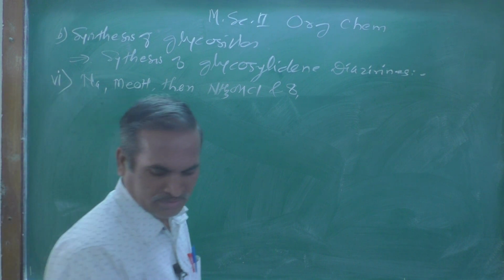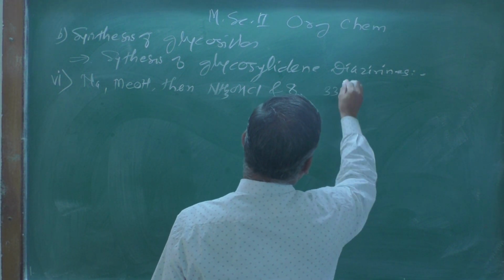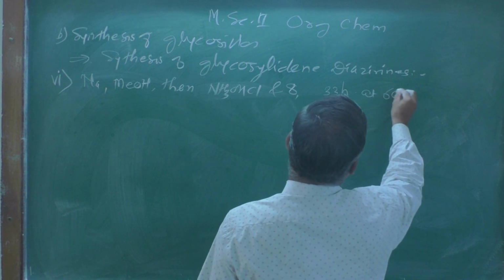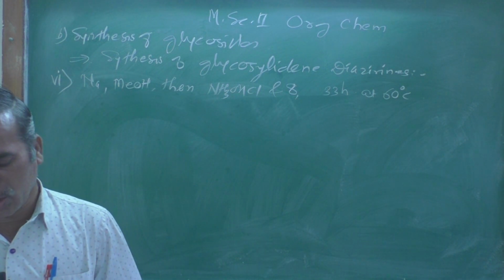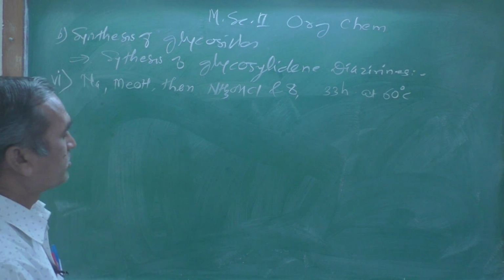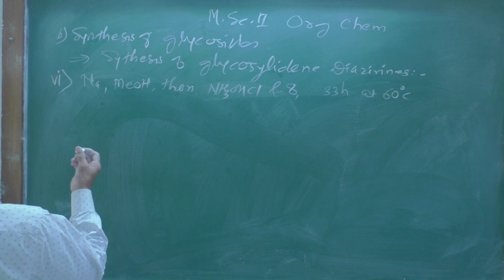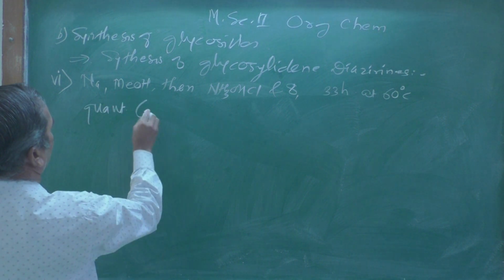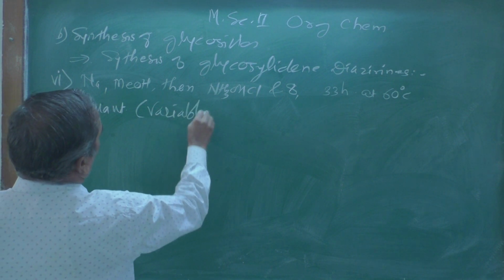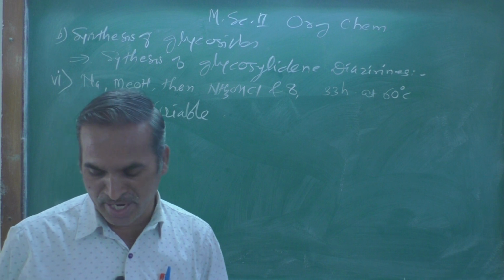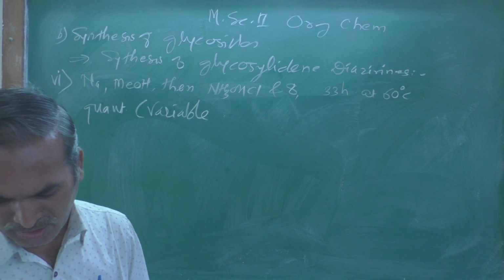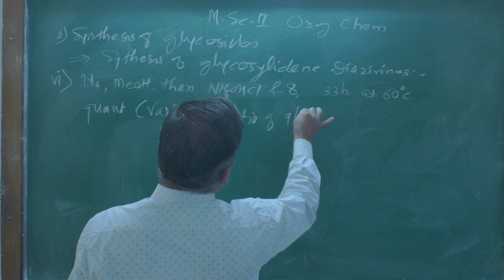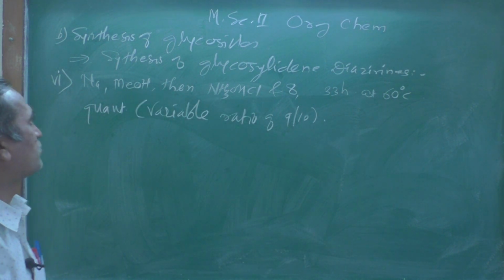Then it is heated for about 33 hours at 60 degrees centigrade. The product which we got, the quantity or yield of that product, is variable. That is structure number 9 and 10, a variable ratio of structure number 9 and 10 we got over here.